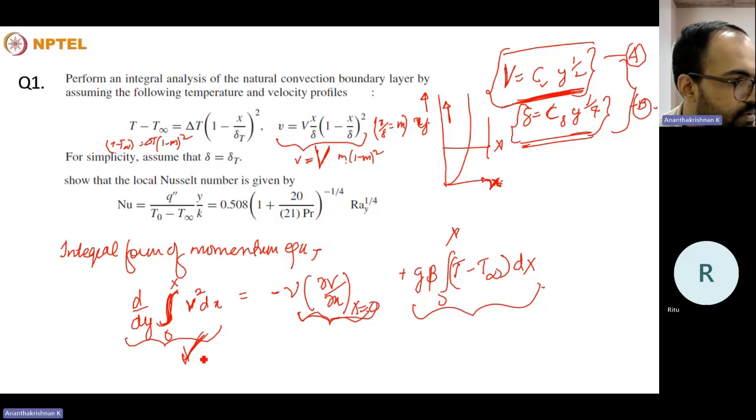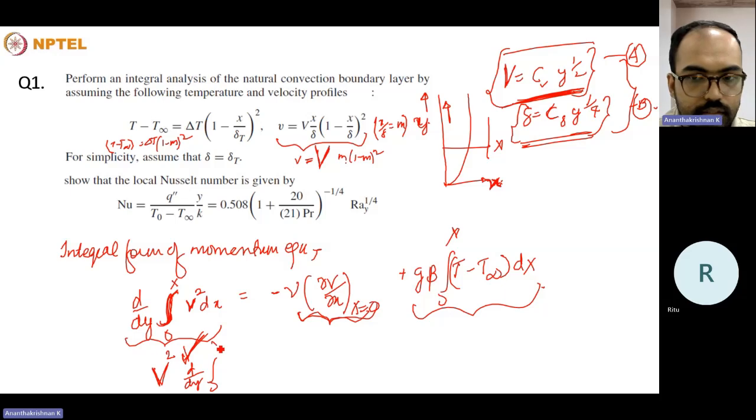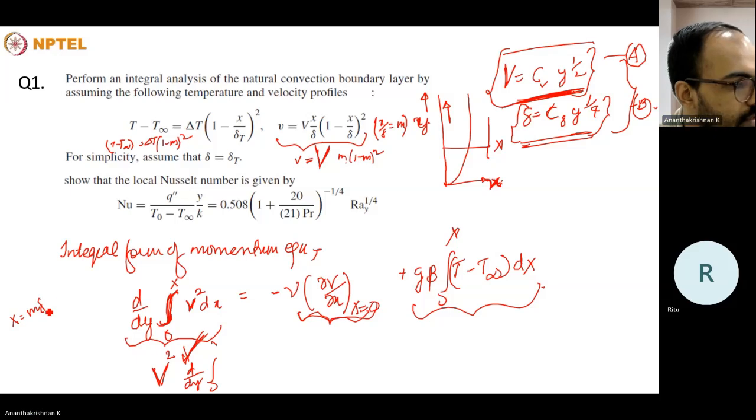So m squared will be there. It will become capital V squared times d by dy of the integral from 0 to x. If x is equal to m delta, dx can be written as delta into dm.